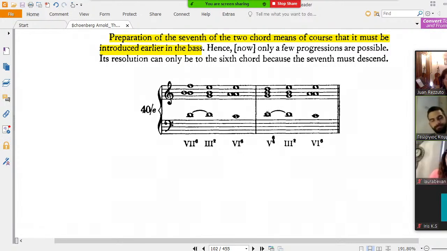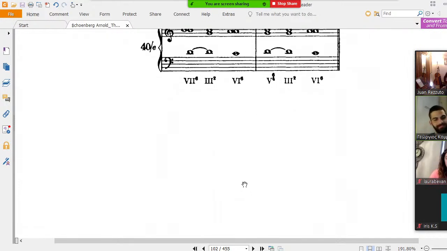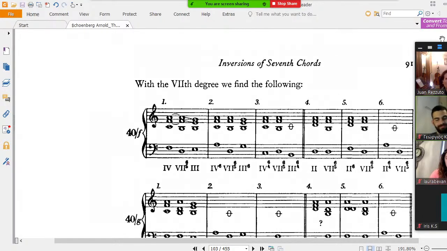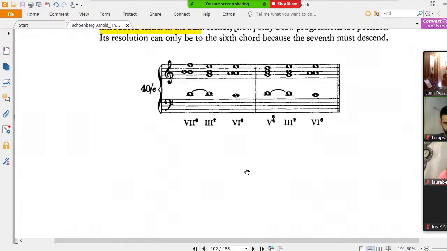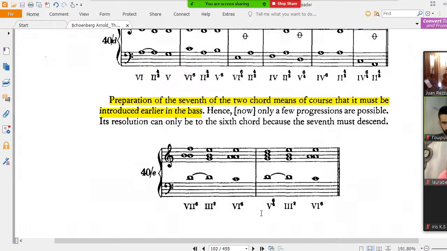Then, how do I do it? If the voices are all right, that's fine. Now, in the case of the 6/4 chord, remember that in a 6/4 chord, again, don't forget the previous rules.